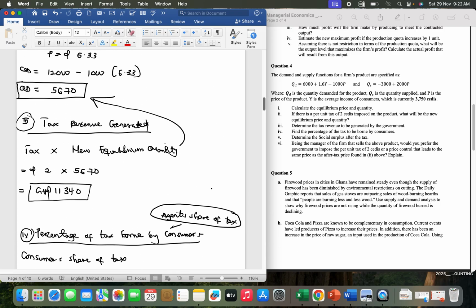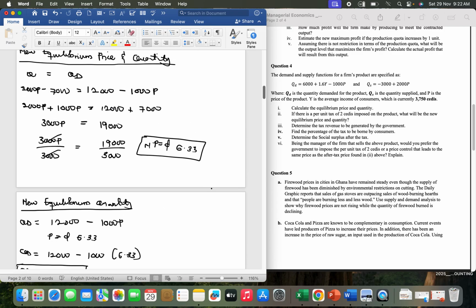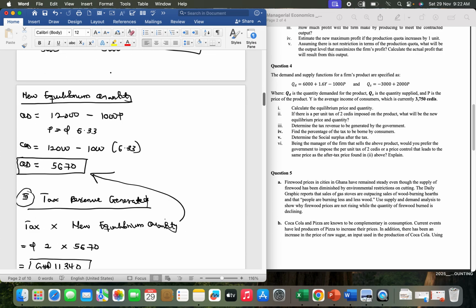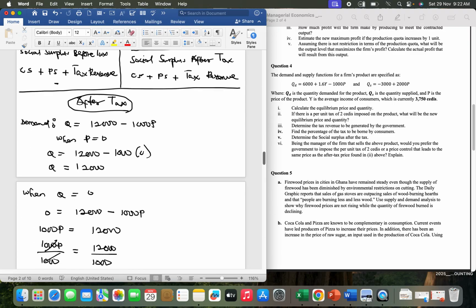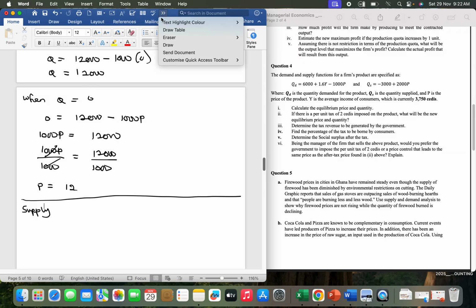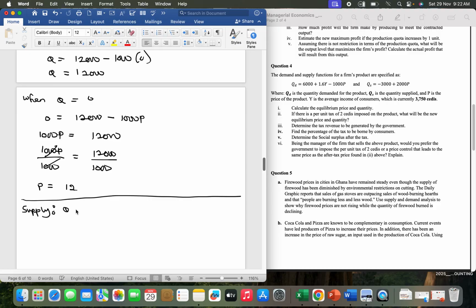Our new supply function. Yeah, this is our new supply function. This is it. 2000p minus 7000.